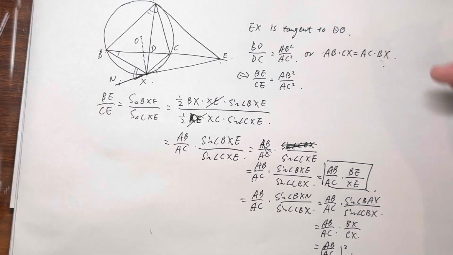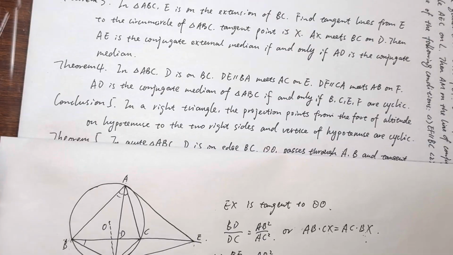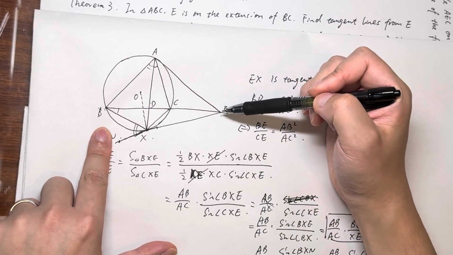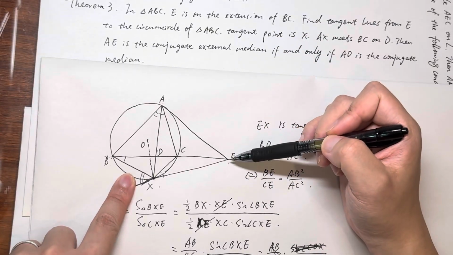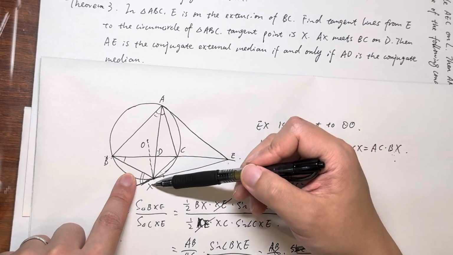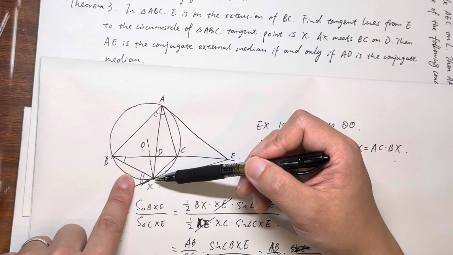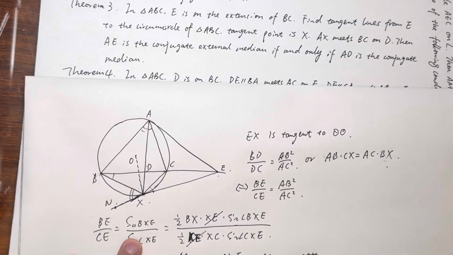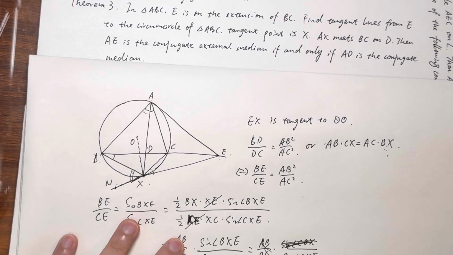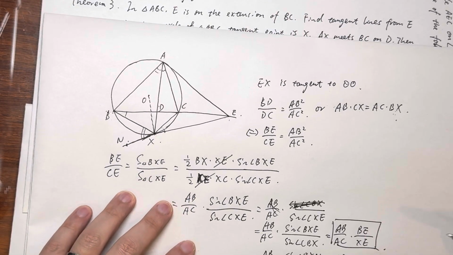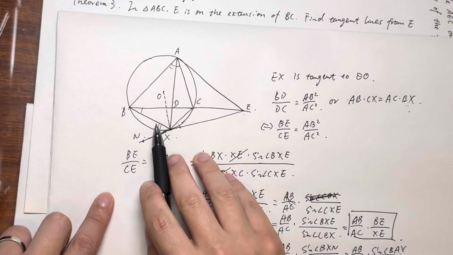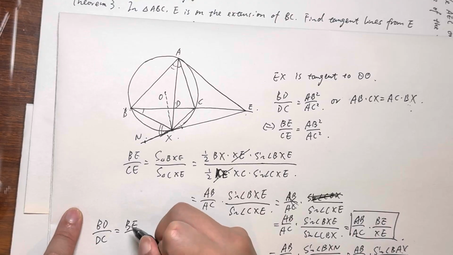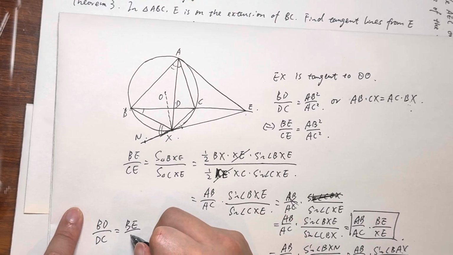And all of these are reversible, which means that we just proved that if AE is a conjugate external median, then AD must be the conjugate median. If AD is a conjugate median, then AE must be the conjugate external median, because this relation keeps the same, right? I mean, BD to DC equals BE to CE.